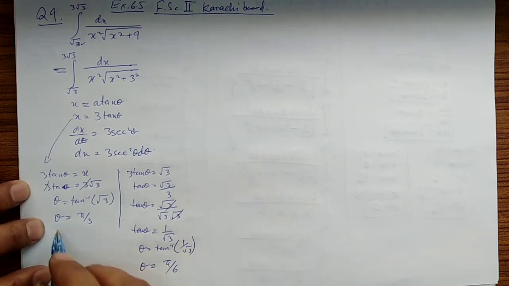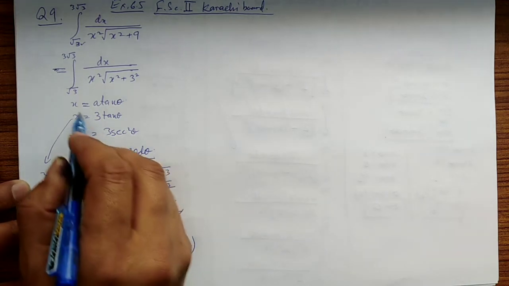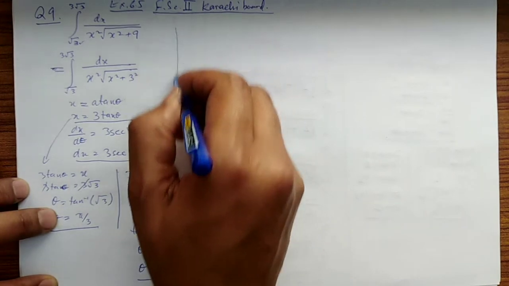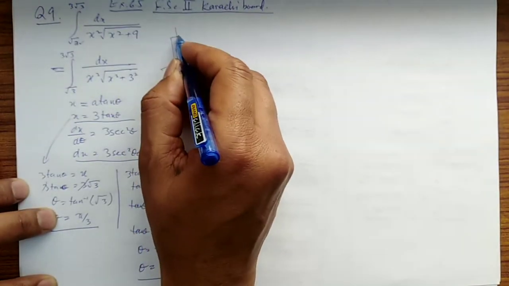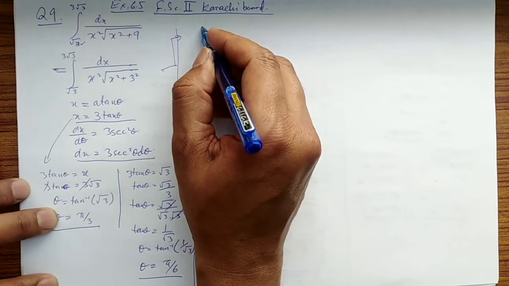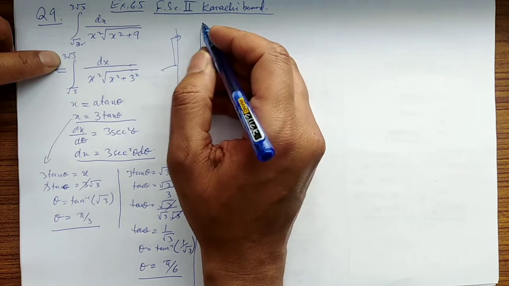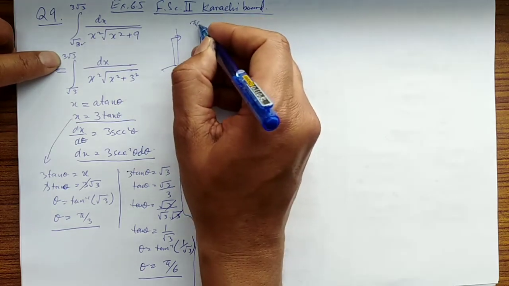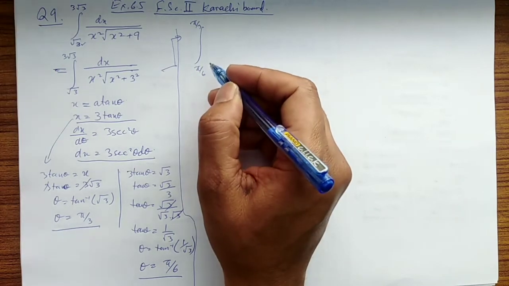Now putting all these values into our original question, in place of 3 under root 3 I am going to write pi upon 3, and in place of root of 3 I am going to write pi upon 6, right?